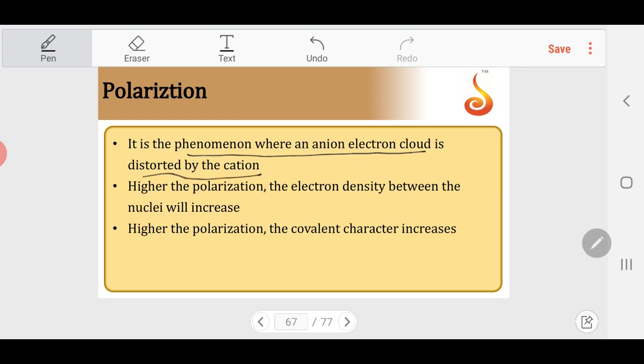Charge density will be very high on the cation, so it can attract the electron cloud of the anion very strongly. If the anion electron cloud is attracted strongly towards the cation, the electron density between the two nuclei will increase. As a result, it introduces covalent character to the ionic compound. So the degree of covalency increases with the increase in polarization.